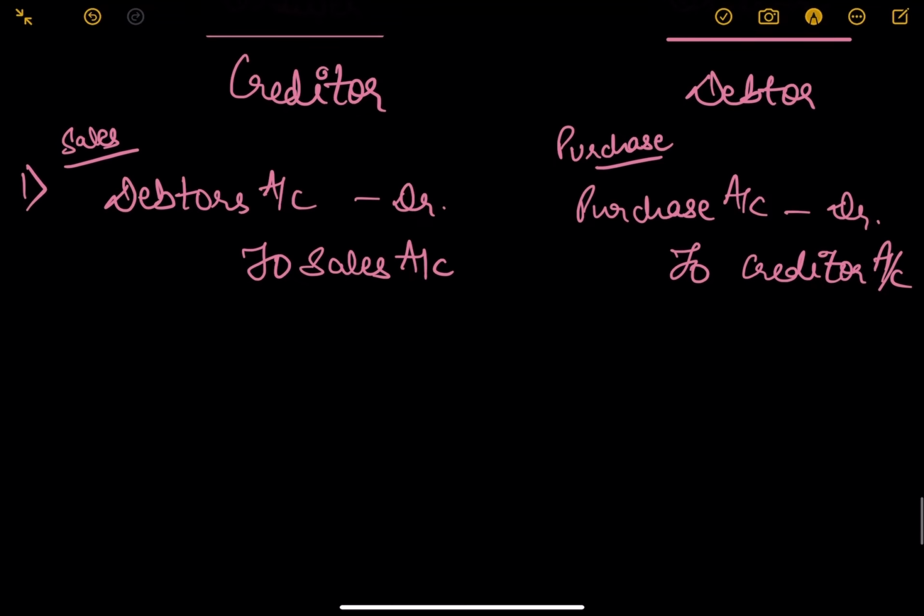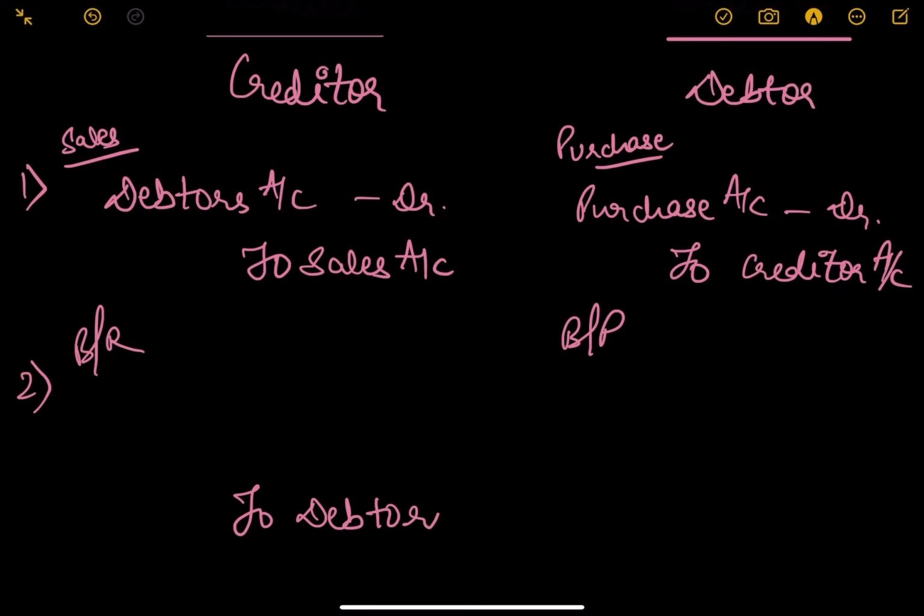Later on, you want to convert this debtor into bills receivable. So the debtor has to convert it into bills payable. The second entry will be for bills receivable, bills payable. तो अब देखो करोगे क्या आप? You're going to reduce the balance of debtor. तो opposite हो जाएगा, debtor will be credited. Okay. For debtor, creditor will be reduced.